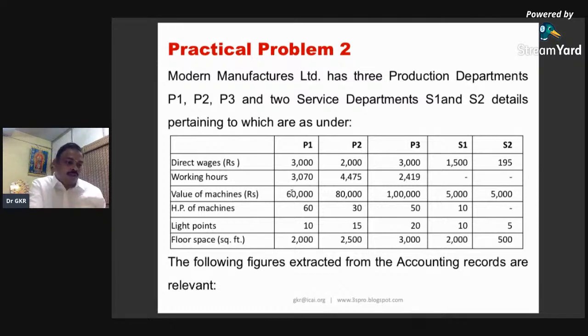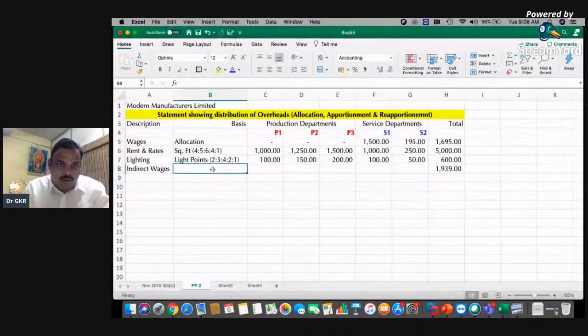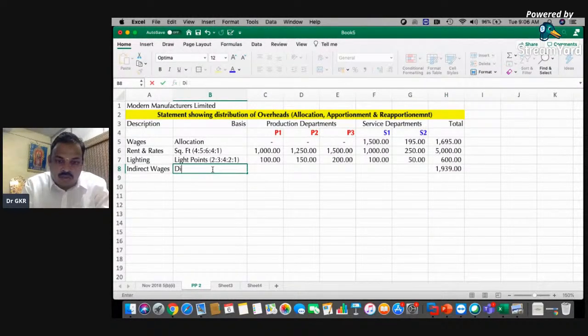Unskilled labor who will be supporting, because they are called indirect labor. Now you have direct labor who are skilled employees. For skilled employees only, the indirect labor will be supporting. So therefore, better to divide in the ratio of the direct wages. So you have to distribute in the ratio of direct wages.